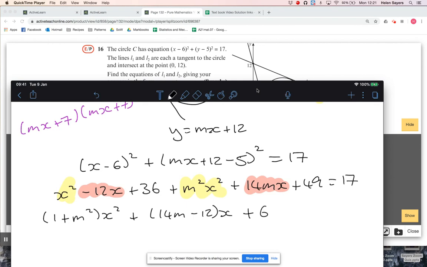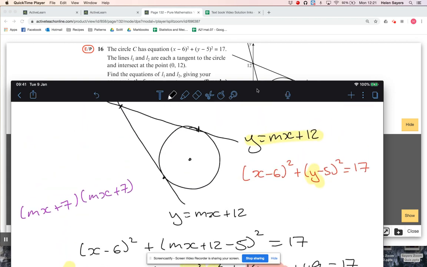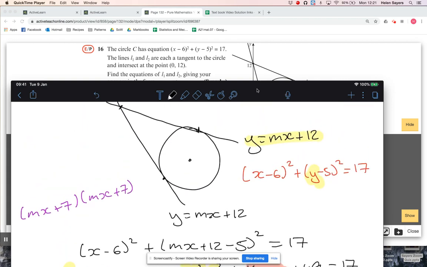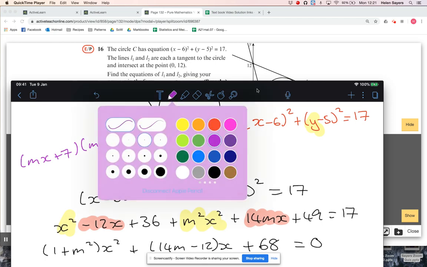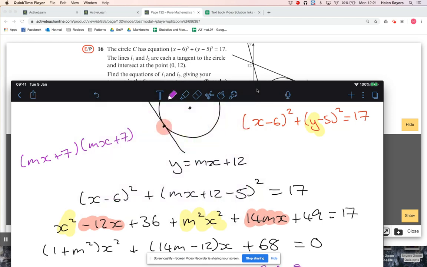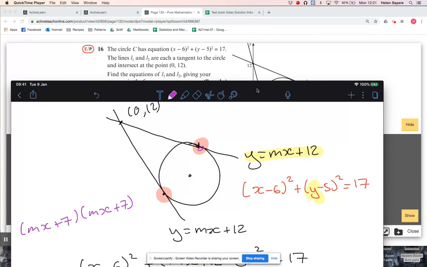Okay. So normally I'd be trying to solve that, but obviously I can't solve it if I don't know what m is. But if I go back to the situation they described, I know they're tangents, they are just touching the circle. So this quadratic equation here should only have one solution, because there's only one point where they cross.